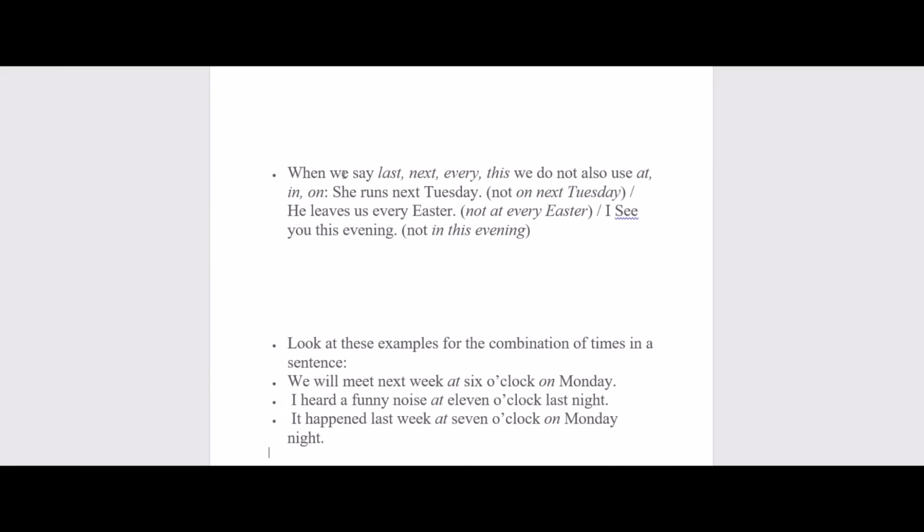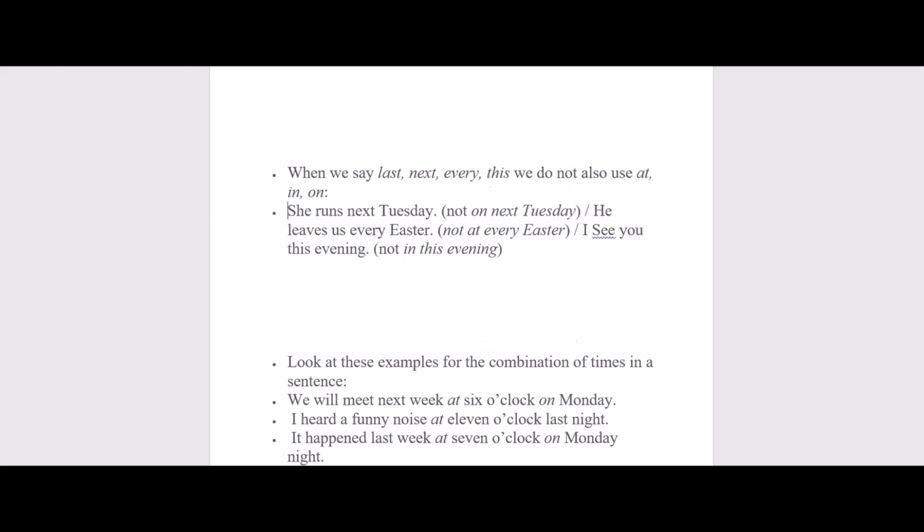Okay, so when we say last, next, every, this, we do not also use at, on, or in. So here's an example. She runs next Tuesday. Because we have this word next, we're not using on. He leaves us every Easter.